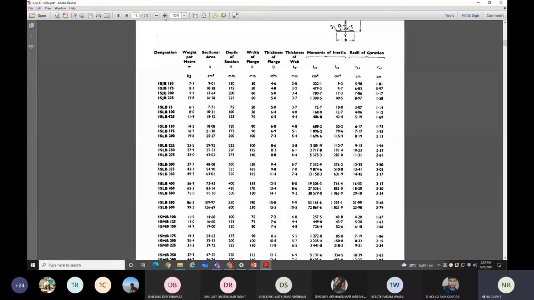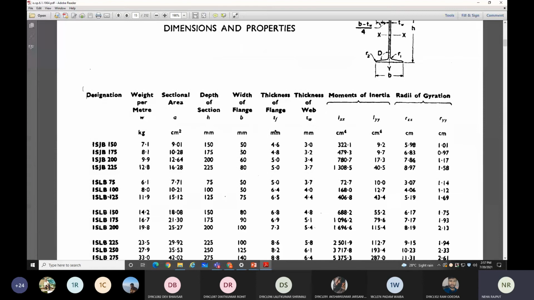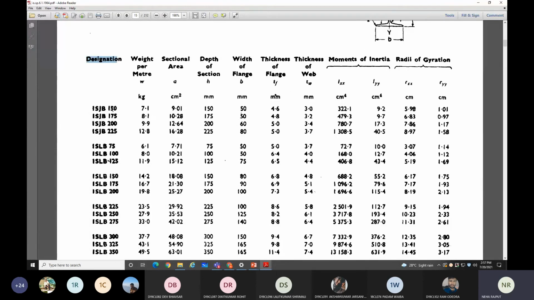So this is the I section, and there are different I sections, and they have been given designations. This is the designation or the name of the I section. ISJB. You can write in your notebook. The full form of ISJB is Indian Standard Junior Beam. I for Indian, S for Standard. This is the name of this section.